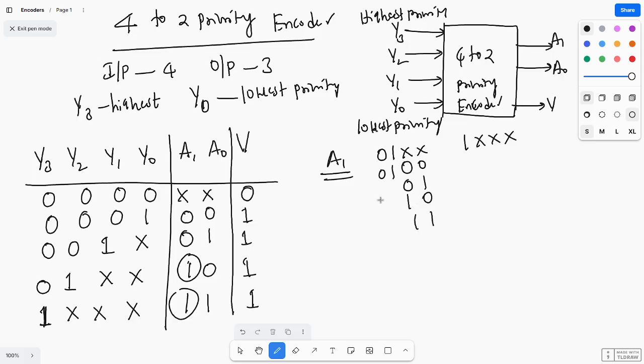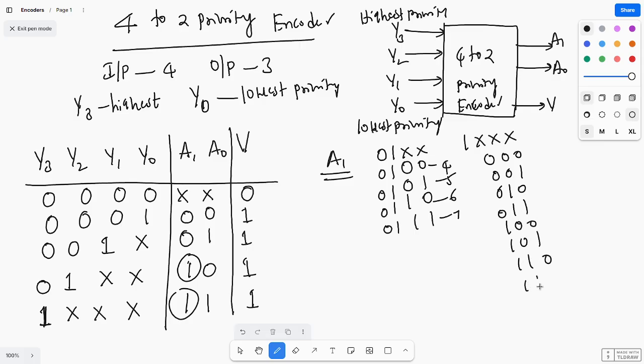This is 0 1 only, so this is 4, 5, 6 and 7. And 3 don't cares mean 8 possible combinations, 0 0 0 to 1 1 1. This is 1 only, so here you are getting 8, 9, 10, 11, 12, 13, 14 and 15.